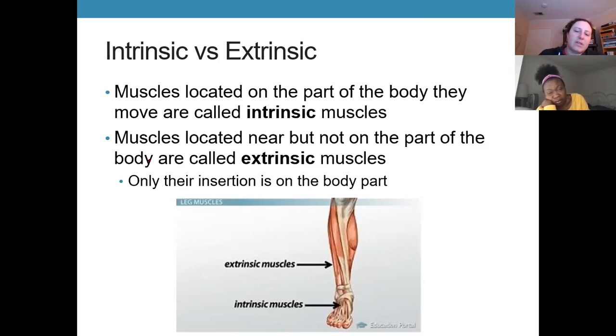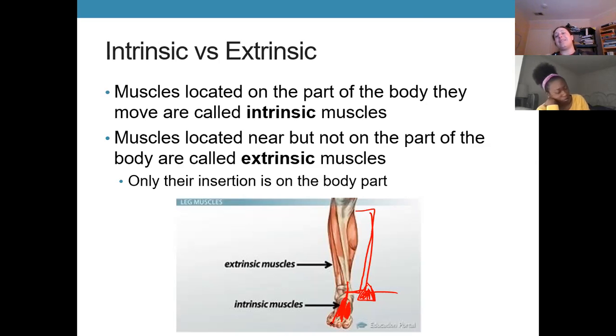So in the example in this picture, it's talking about muscles of the foot. If the muscle is on the foot and it moves the foot, it's an intrinsic muscle. But if you have muscles on your leg whose tendons attach on the foot and therefore control the foot, it's an extrinsic muscle. And these are subjective terms because it depends on what body part you're talking about.